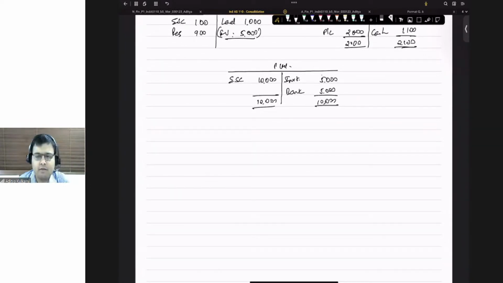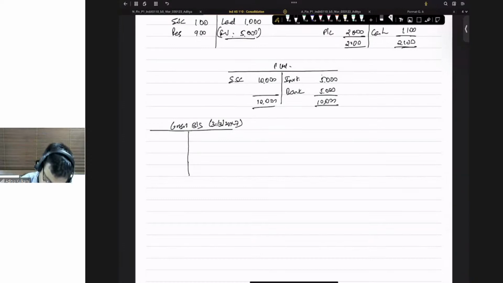Step 1, prepare it in Schedule 3 form. We will not do that; I'll prepare it in a simple T form. So consolidated balance sheet, as on 31st March 20x7. The next step is assets and liabilities take over.